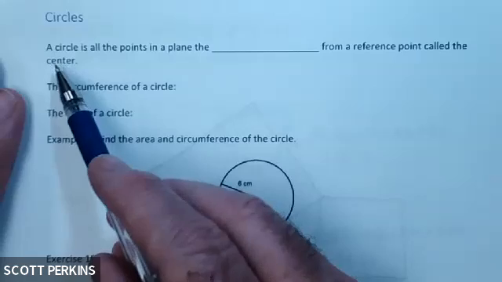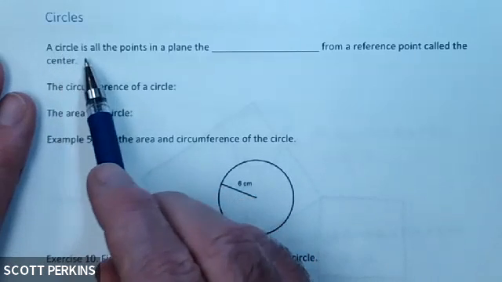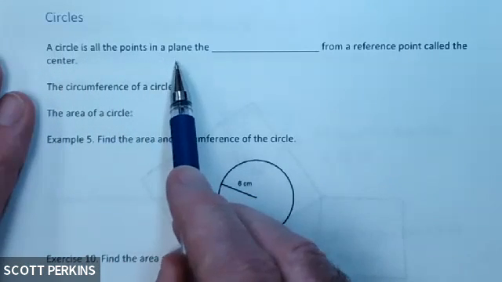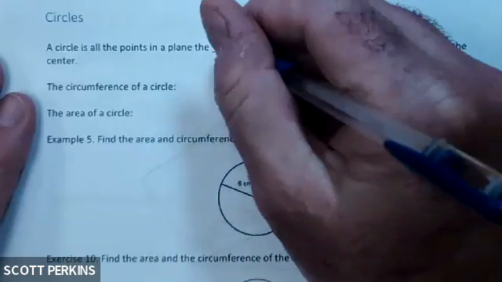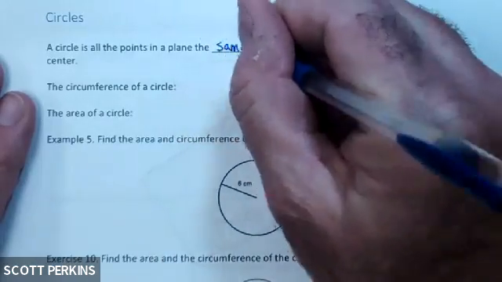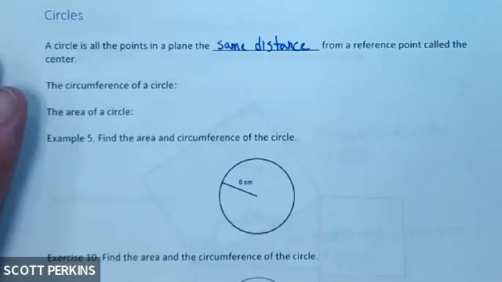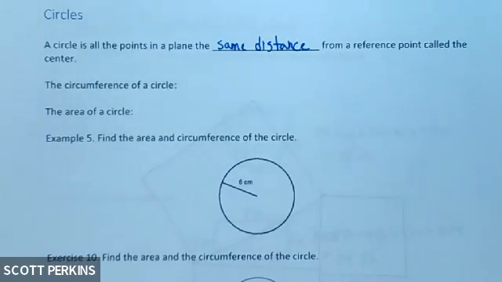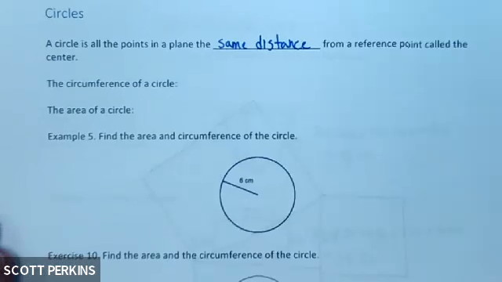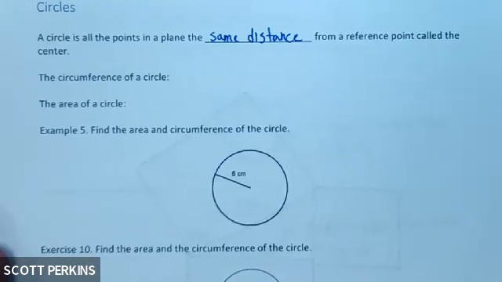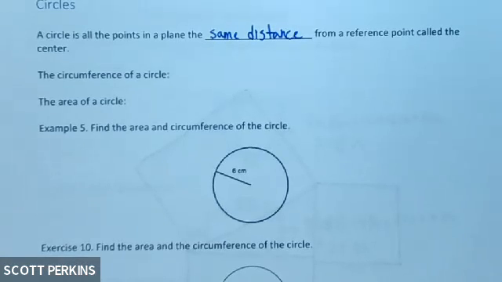The definition of a circle is all the points in a plane the same distance from a reference point called the center.